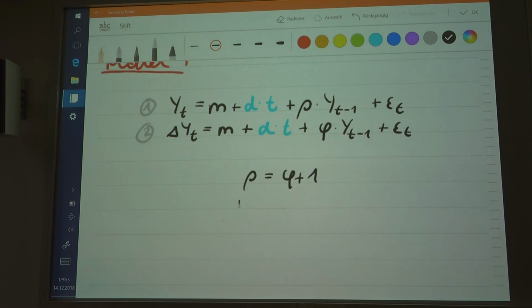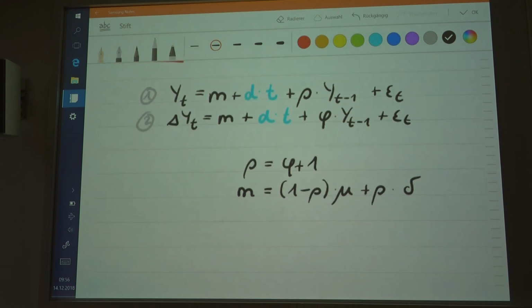So the constant will be 1 minus rho times mu plus rho times delta. And delta is going to be another parameter, and you have the parameter d, which can also be represented by means of 1 minus rho times delta.